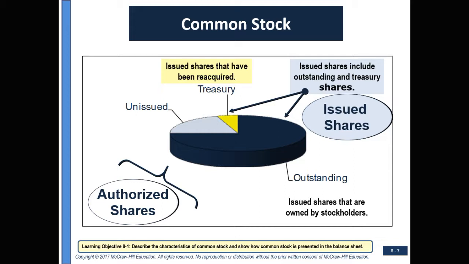And then within what is issued, how many of them are outstanding and how many of them are in treasury. The composition of this pie can change depending upon what the strategy of the organization is. As a company engages in a share buyback program, we'll see that the yellow section starts to get bigger and the dark blue section starts to get smaller.